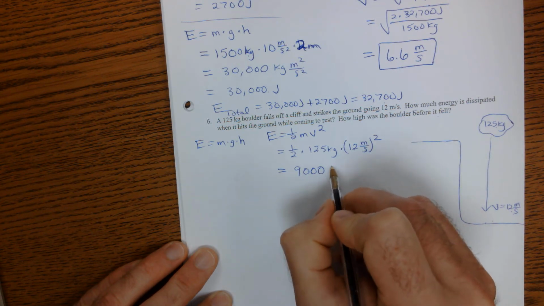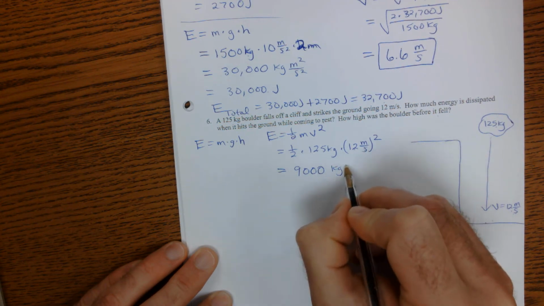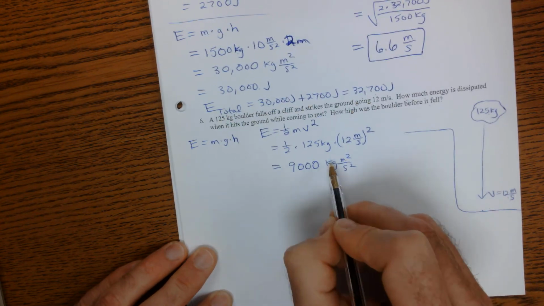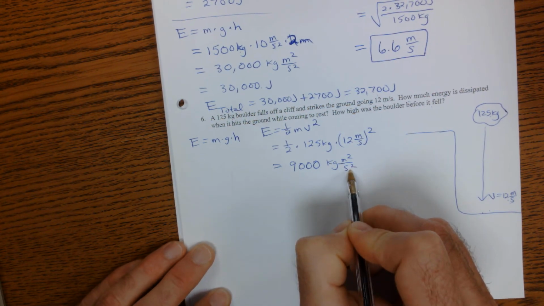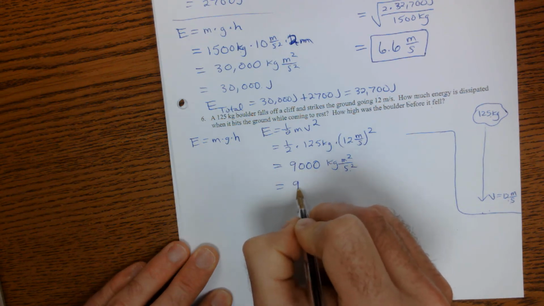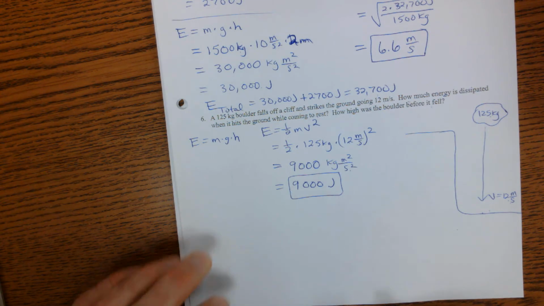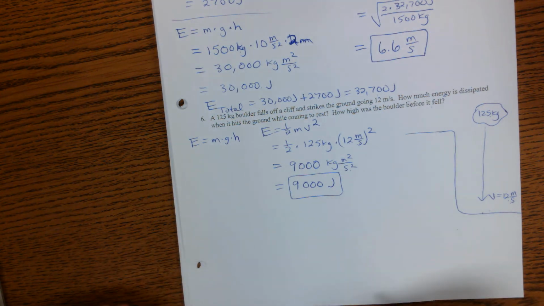And then I end up with kilograms times meters squared per second squared. Again, kilogram meter squared per second squared is joules. All of that energy is going to get dissipated when it hits the ground.